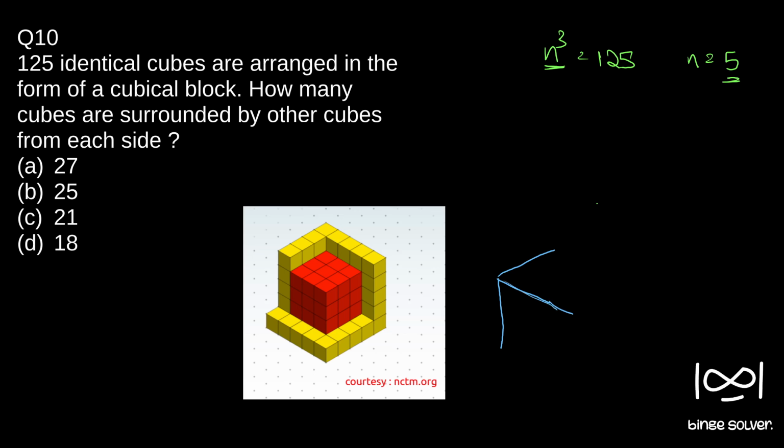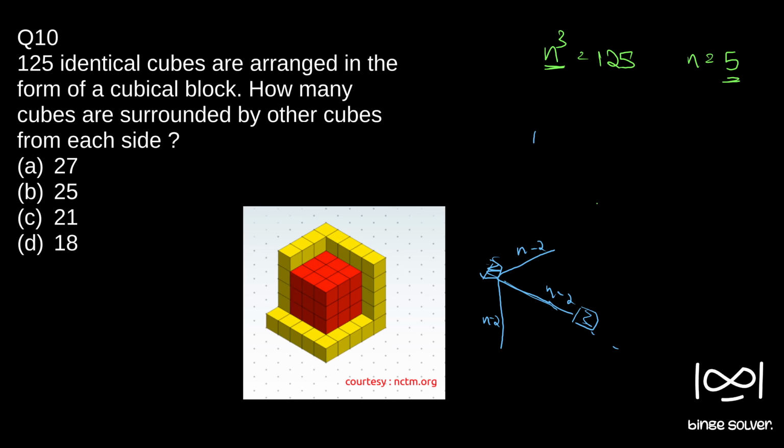This length is nothing but n minus 2, this is n minus 2, and this is n minus 2. Since there was a cube here and a cube here, we removed those two. That is why n minus 2. Here, as you can see, we removed one cube here and one cube here. So this length is nothing but n minus 2. Similarly, this length is n minus 2, and this is n minus 2.